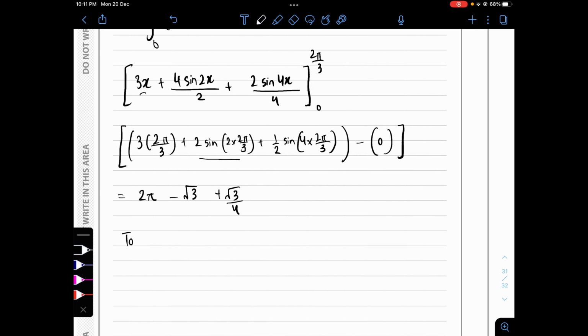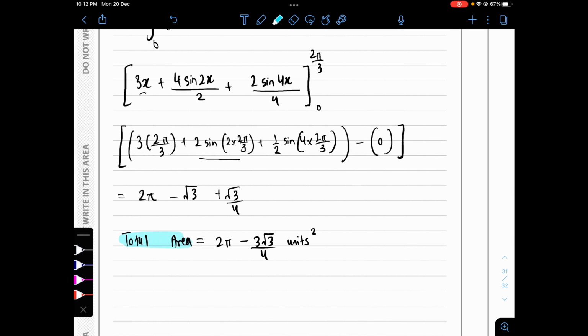So the total area, or this area, will be 2 pi minus 3 root 3 over 4 units squared.